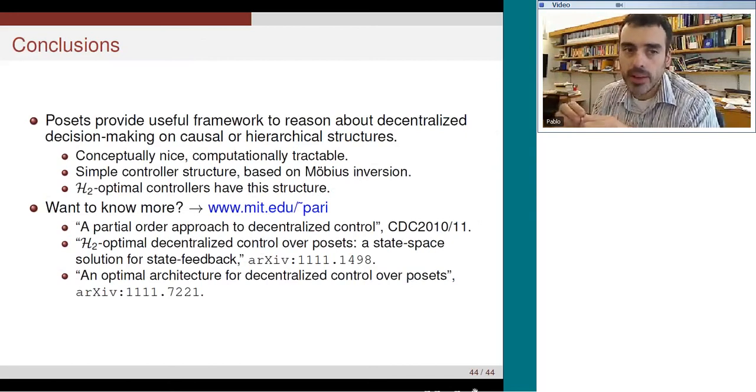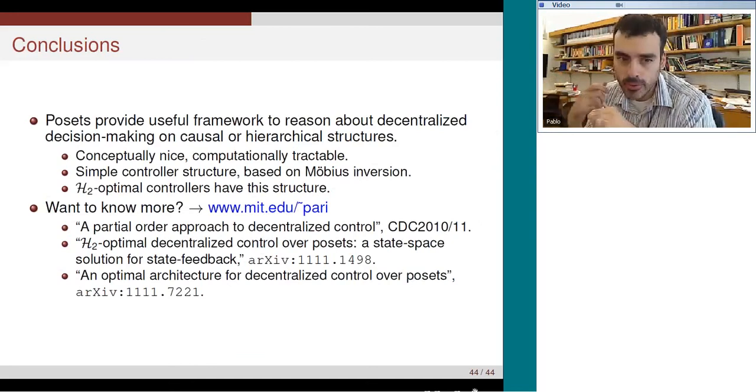In particular, these poset-like or partial-order structures are quite natural whenever you have causal or hierarchical structures. And Moebius inversion and this Moebius transform seem to be the right mathematical tool to handle these problems. There are a couple of papers on the arXiv, so if you want to take a look at them, I'm happy to hear your questions if you have any.